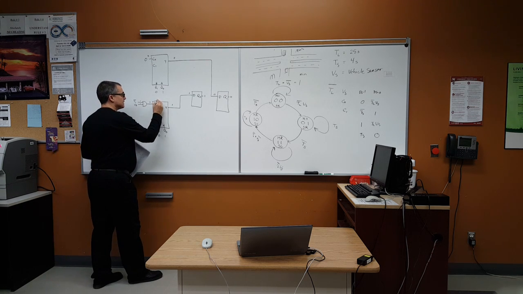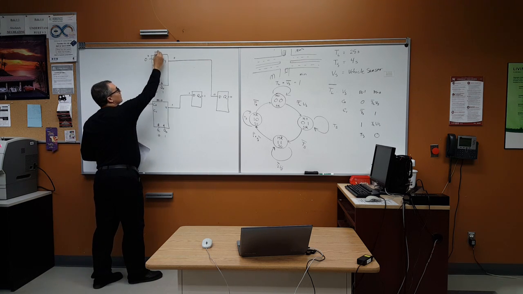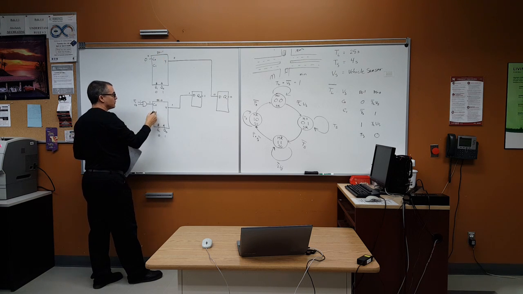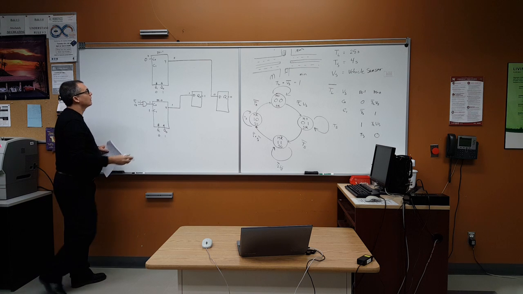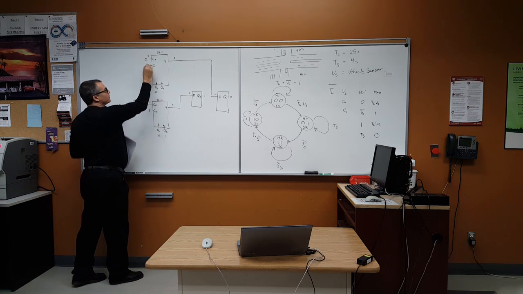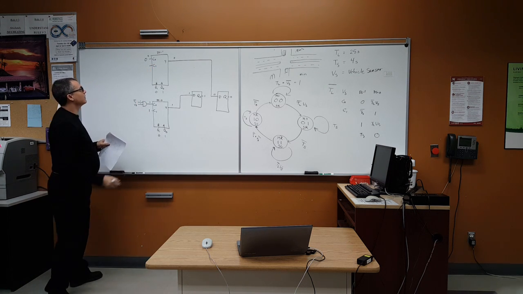So this is DS0. So we know that C1 has to go high, so we're just going to put this to plus 5 volts. And then what are we putting on C1? TS naught.